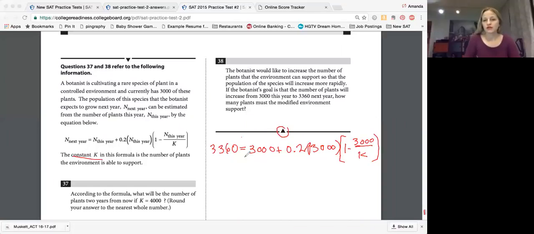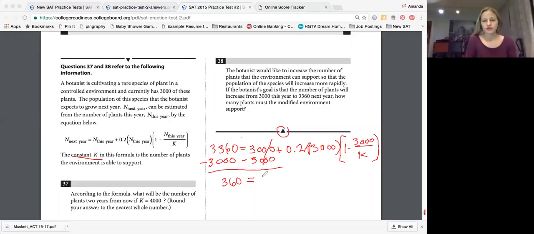So here we go. Let's subtract 3,000. And we get 360 equals, I'm going to go ahead and do 0.2 times 3,000. So 0.2 times 3,000 equals 600.